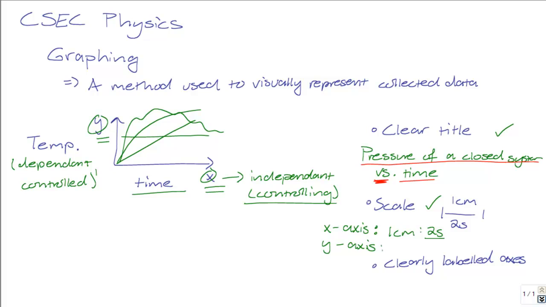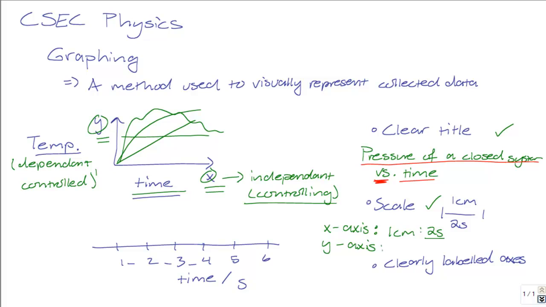So for instance, if we're plotting the temperature of a system against the time that's passed while we take this measurement interval, on your x-axis you'd expect to have your scale 1, 2, 3, 4, 5, 6 seconds, etc. Instead of writing the unit after each one of these numbers, we write the unit under the axis, and label the axis with the quantity being measured. I'm measuring time, and the time is being measured in units of seconds. This is what we refer to as a clearly labeled axis.